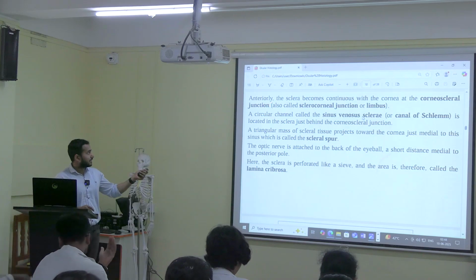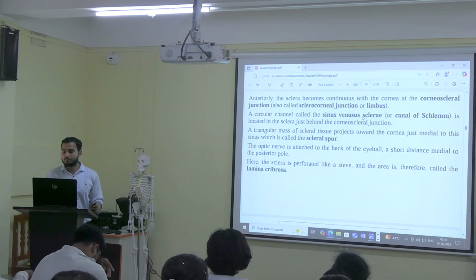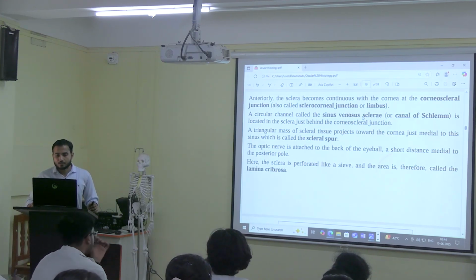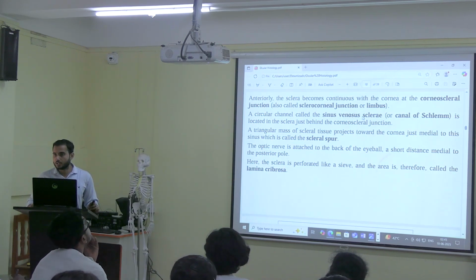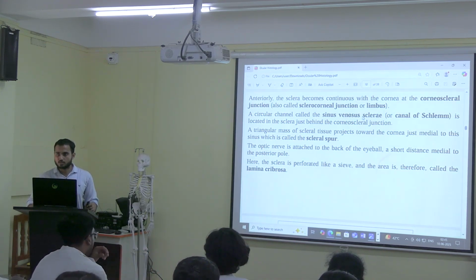Okay, anteriorly the sclera becomes continuous with the cornea and the junction is called the Sclerocorneal junction, or also called the Limbus. Okay, now a circular channel, that is called the Canal of Schlemm, is located in the sclera just behind the Sclerocorneal junction. Okay, posterior to the Sclerocorneal junction, a canal is present, that is called the Canal of Schlemm.